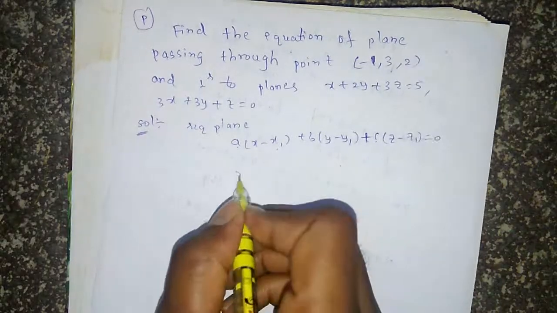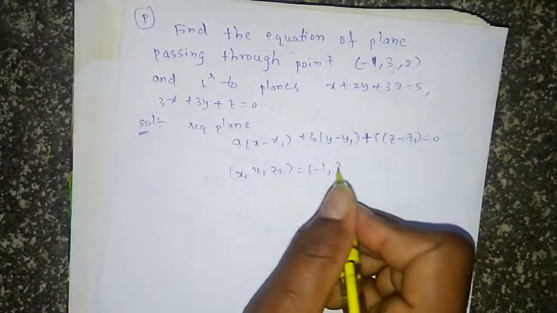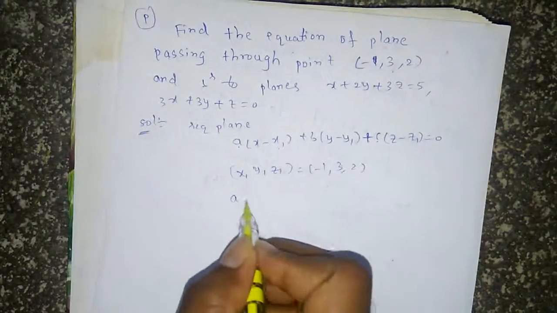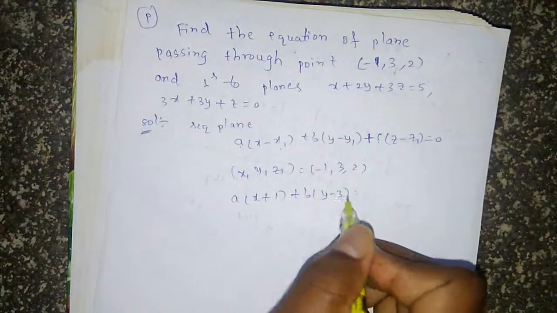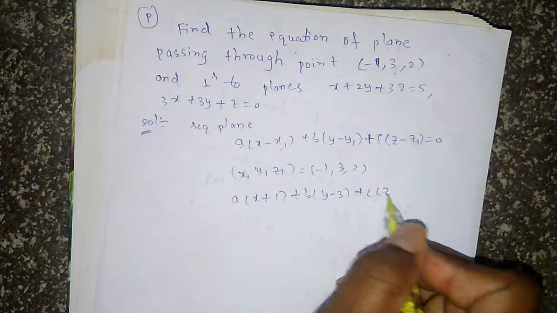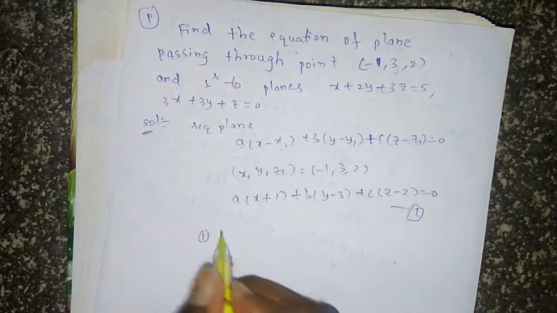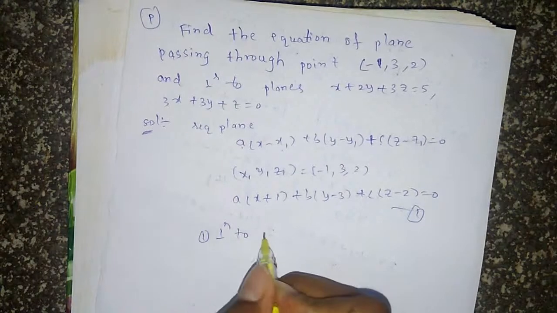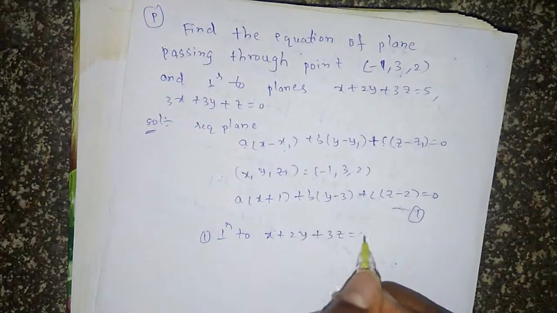So here x1, y1, z1 is given as minus 1, 3, 2. So that is a into x plus 1 plus b into y minus 3 plus c into z minus 2 is equal to 0. So this is 1.